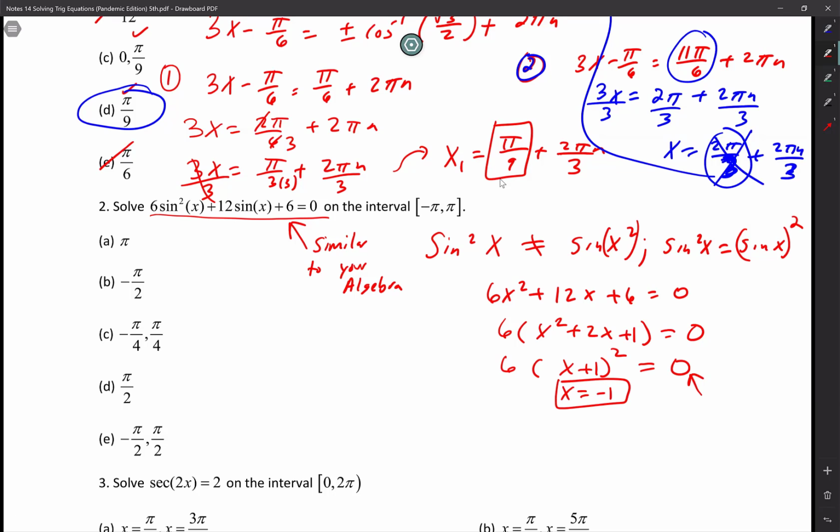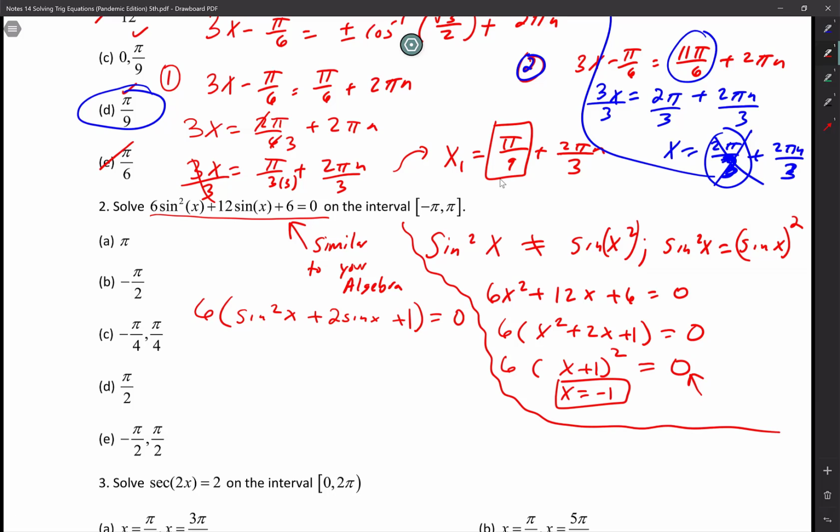It's very similar to that, guys. The only difference now is we're going to do the same thing, but we're just going to factor out a 6 first. So we factor out a 6, and we're going to have sine squared x plus 2 sine x plus 1 equals 0.